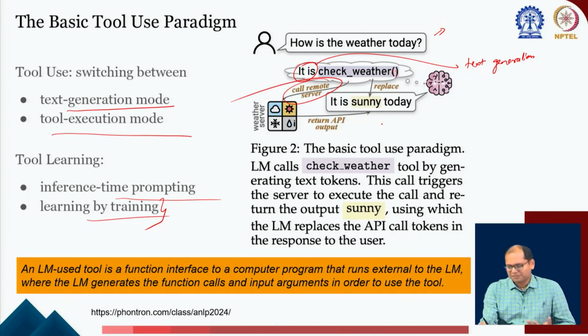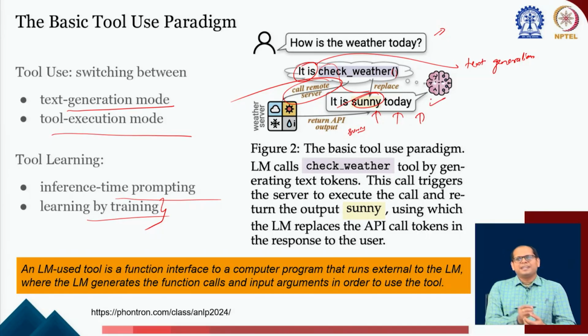You will replace it with sunny, and then you will continue. So sunny is part of the text generation itself, but it is coming from the external API, and then you continue generating, right. So you are switching between text generation and calling an API, getting the output, putting it back and continuing your generation. The end user may not know that you have called an API, right. This is all internal to the system, but this is what you present to the user.